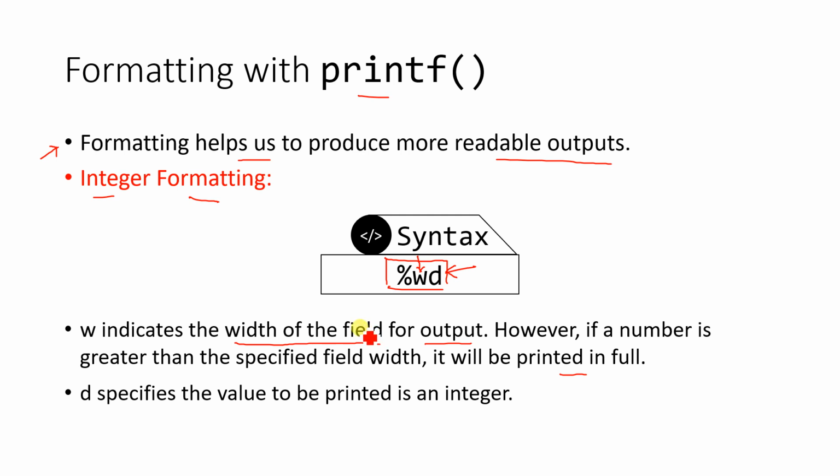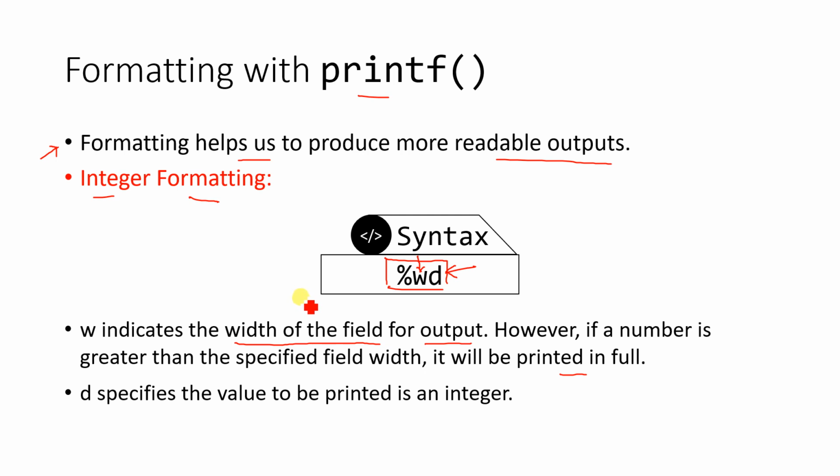Whatever you want to print, if you want to print a 4-digit number, then the width of the field, meaning the number of characters you need to print, should be 4, because your number is 4 digits long. So your width must be 4. If you specify %4d, then the number easily fits into that 4-character field.